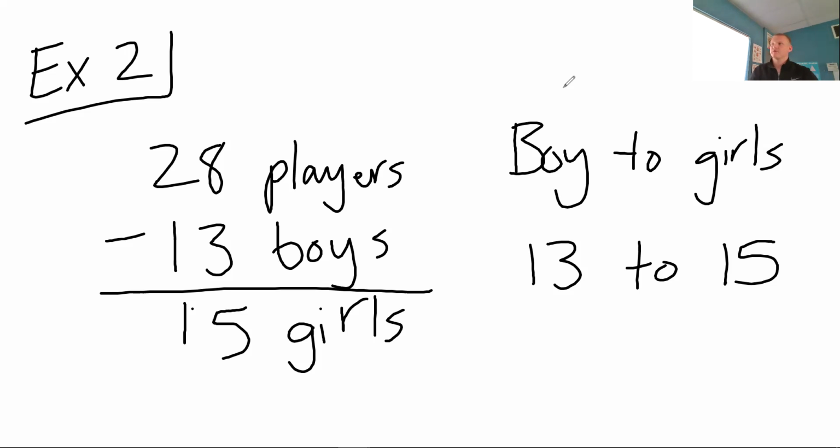So the ratio of boys, which is the total number of boys, would be 13 to girls, which would be 15. Another way of writing that would be 13:15, or 13/15. And that's fine.